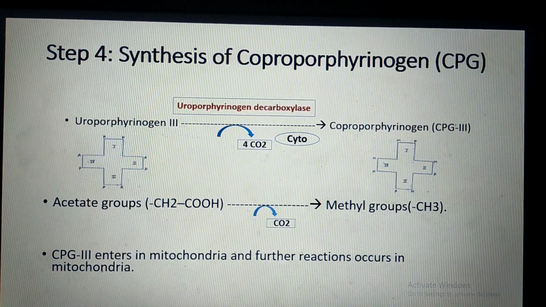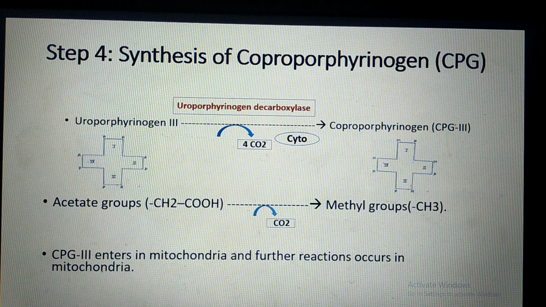Now in the last step we have seen uroporphyrinogen 3 is formed. Now this uroporphyrinogen 3 undergoes decarboxylation to form coproporphyrinogen 3 with the help of the enzyme uroporphyrinogen decarboxylase.